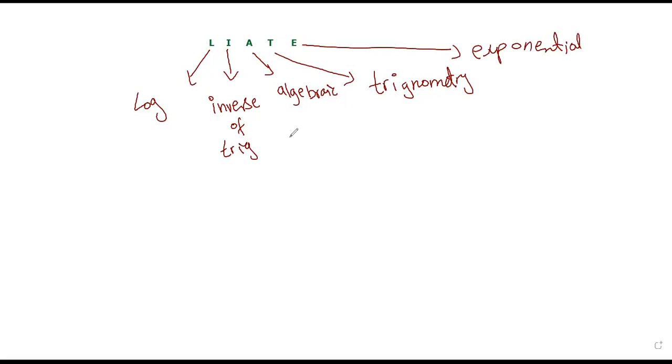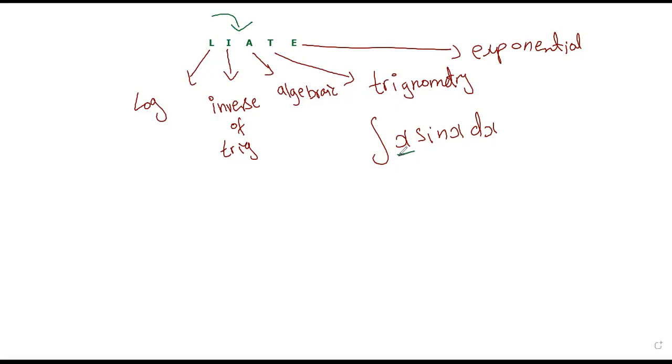Now you have this rule. And what is this rule exactly? If you have a question, let's say we have just discussed this question, and you have to integrate it by parts already. So you need to choose first function. On the basis of this, you will choose your first function.